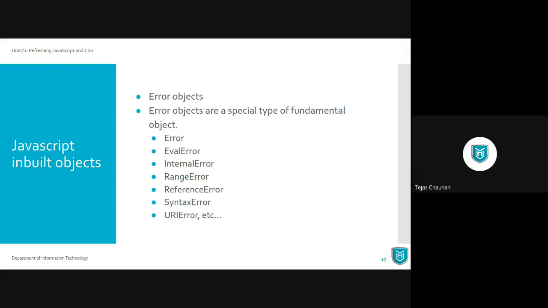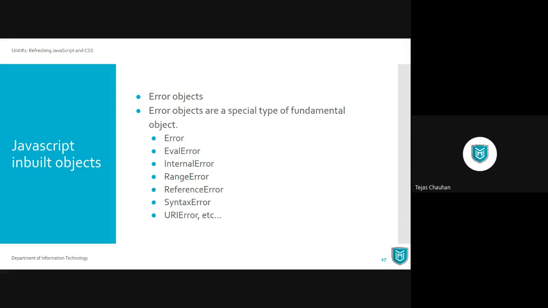So if there is any error generated and we want to handle that error, then we may have an error object, a simple error, or if you want to be more specific, then there are a number of other error objects, like evaluation error, internal error of any code. Then there is a range error object, defining a range from a particular starting point to an ending point.